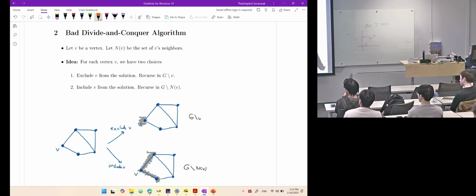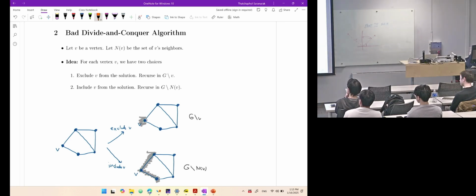And if this guess is correct, then we can just recurse on the rest of the graph without v, and you will get the correct answer. But this guess might be wrong. It could be that actually v is in your solution. So we can guess again that v is in the solution. But now something better actually happened.